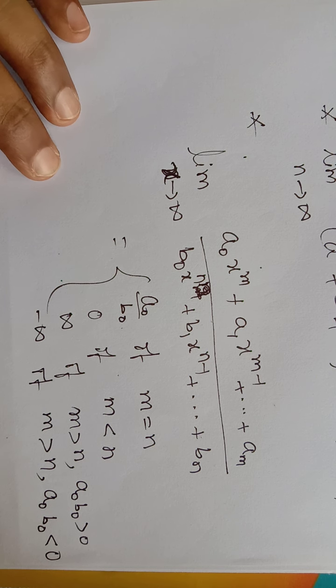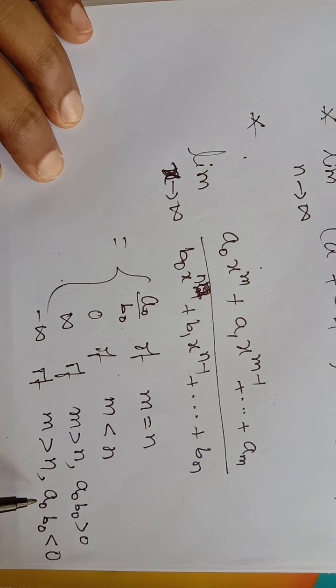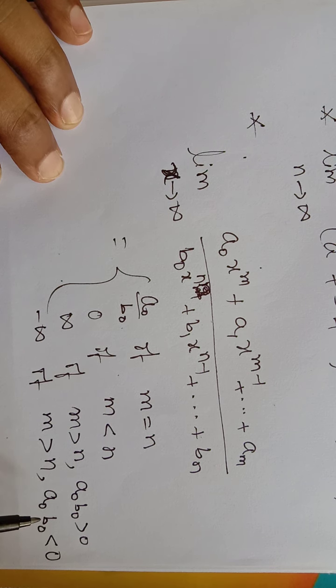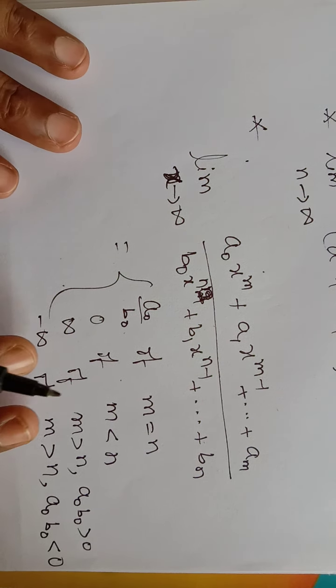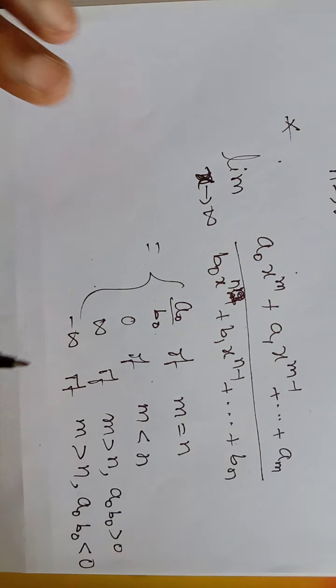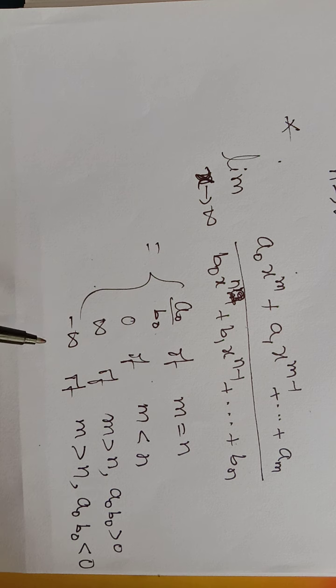Product negative means both cannot be positive, and both cannot be negative. Either a0 is positive and b0 negative, or a0 is negative and b0 positive. In that case, the product a0 b0 will be negative. So for this, the outcome will be minus infinity.